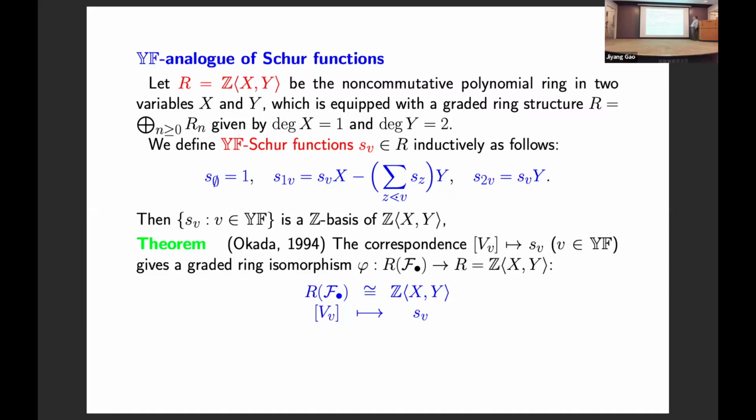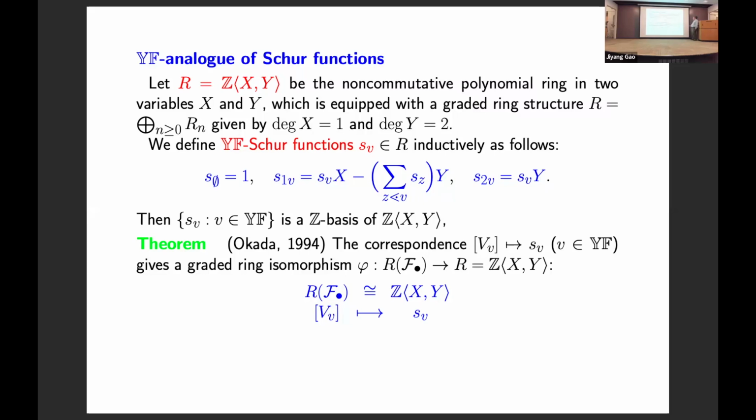And also we can define Young-Fibonacci analog Schur functions SV inductively as follows. For the empty word V, the Schur function corresponding to that word is 1. If the word starts with 1, then S1V is defined as x times SV, and also S2V is SV times the polynomial generator y.